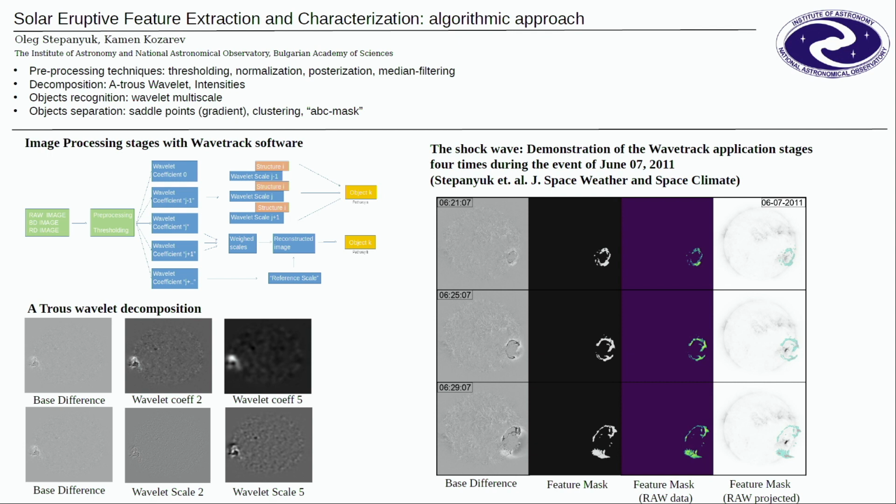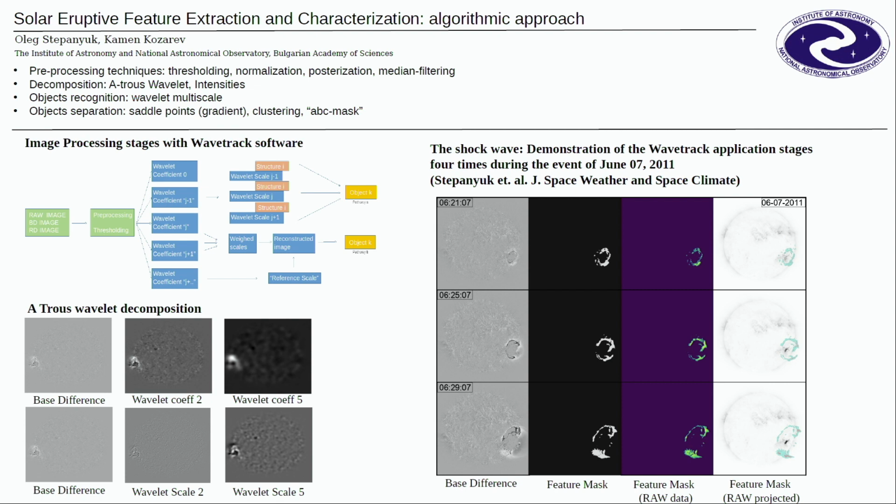So we developed the code, and the single cadence step or time step processing routine goes as follows. First, a little remark: what we are talking about now is AIA images. Initially, base difference or running difference images are obtained.